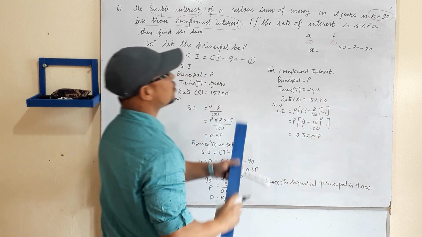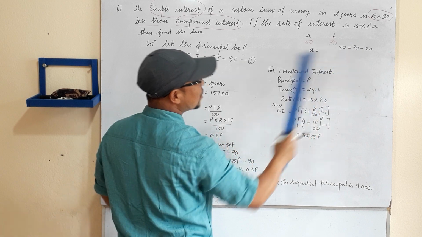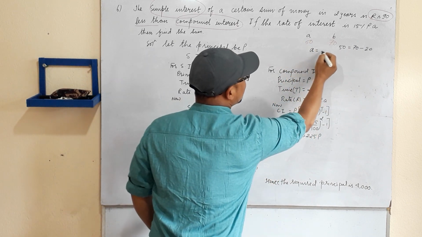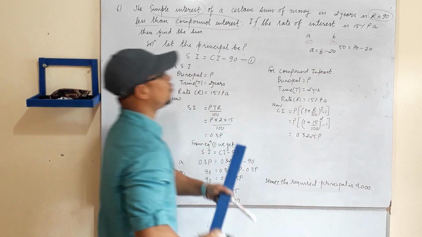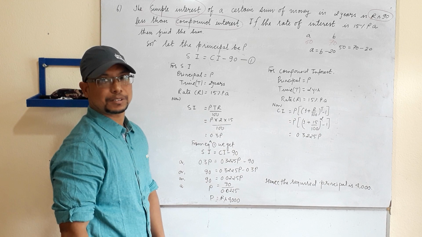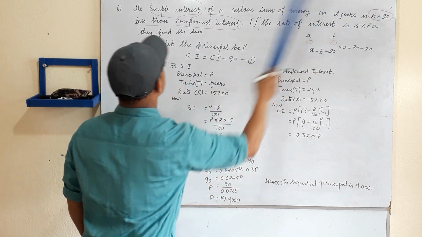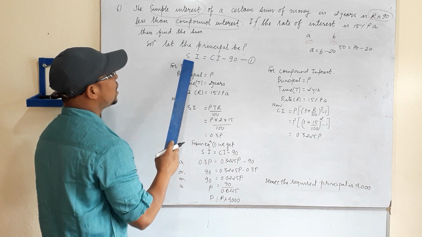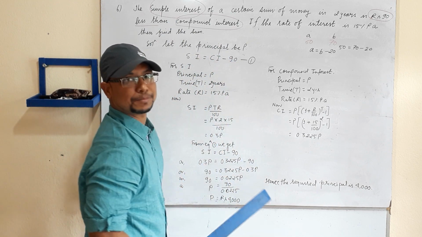So A is 20 rupees less than B. Similarly here, simple interest is 90 less than compound interest means simple interest equals compound interest minus 90.